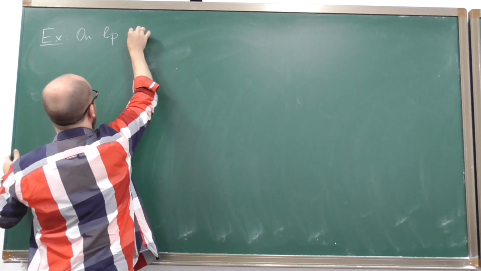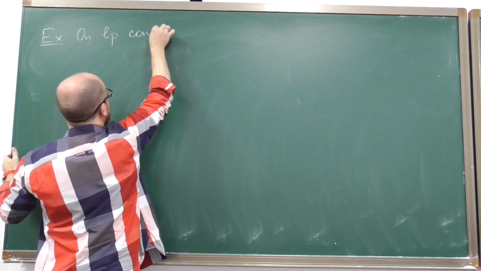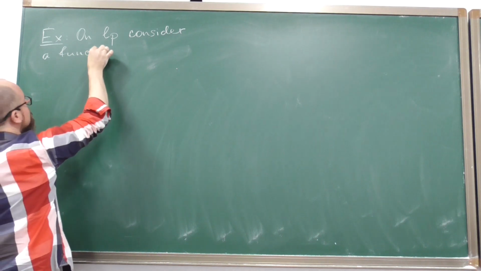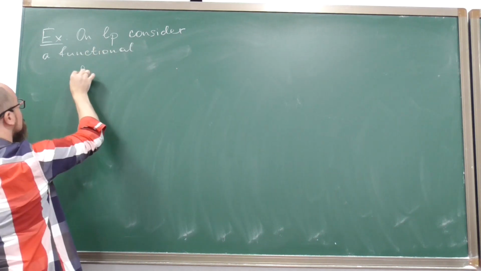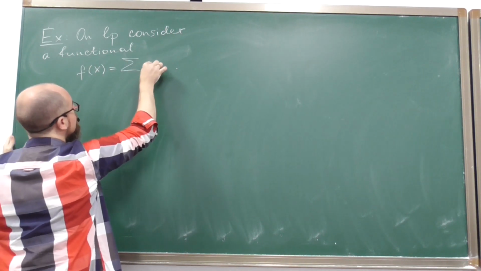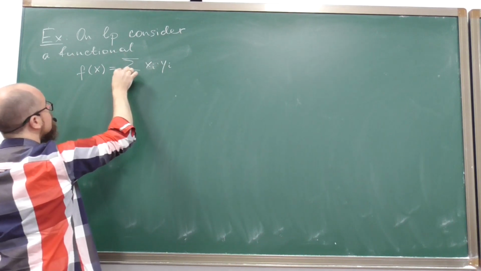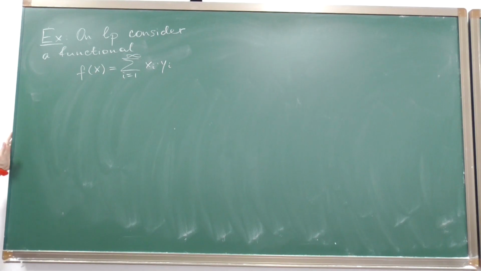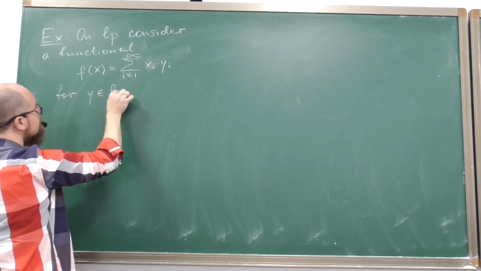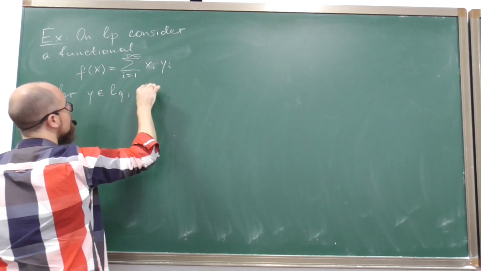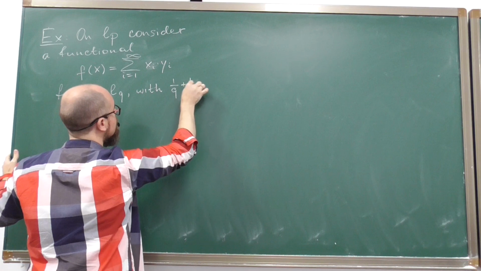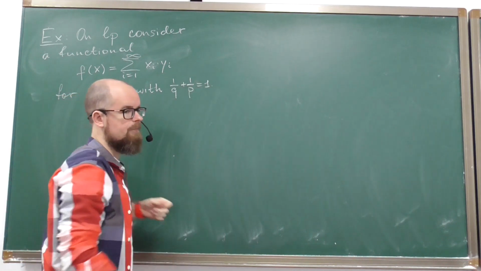On l^p, consider a functional f of x equal to the infinite sum of x_i times y_i, for y being in l^q with 1 over q plus 1 over p being equal to 1.